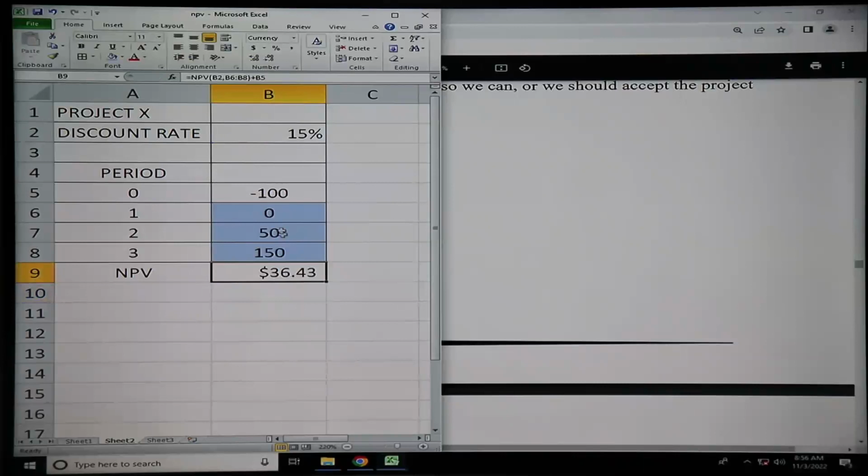Notice that if this was positive, then we have to do the other side: we have to subtract the initial investment. By following the formula, you'll find it will still bring the same value.